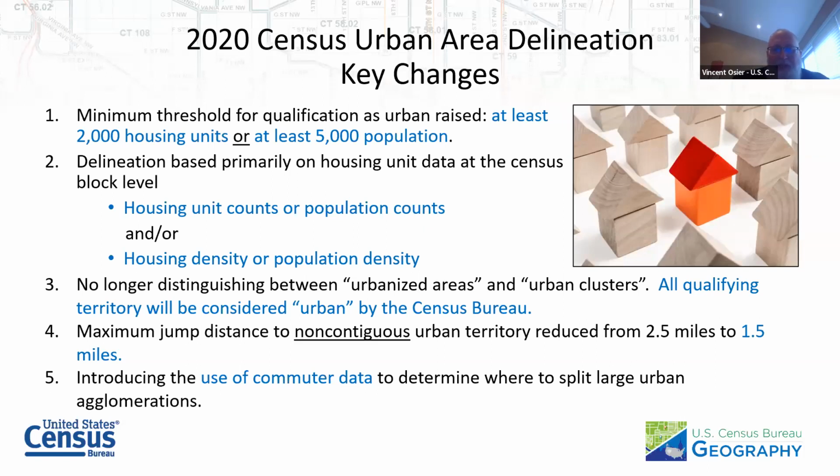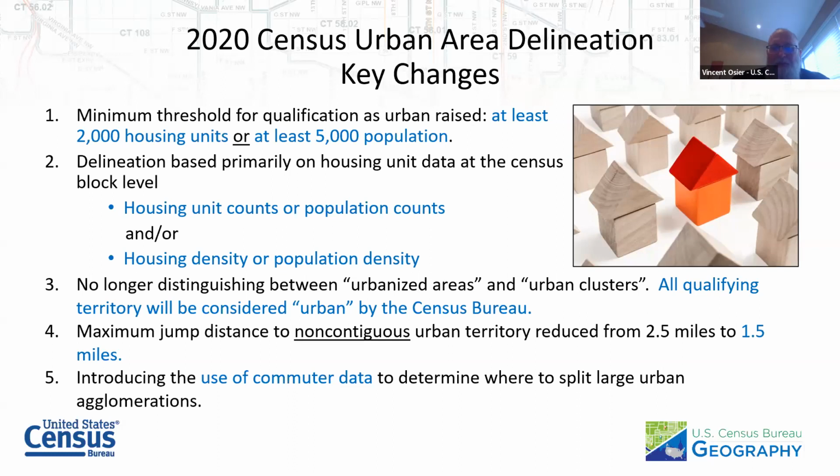And despite the reduction in the numbers of the urban areas and the total urban land area, we see a 6.4% increase in urban population and a 12.9% increase in the population density.